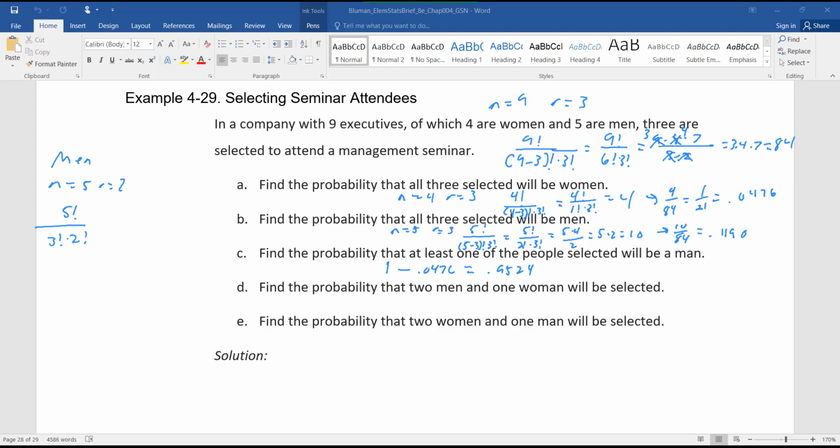Okay. That's what we're looking for, the probability. Right now we're just trying to find the total options here. Here I got 5 times 4 divided by 2. So that's 20 divided by 2. That's 10 options. All right, so men have 10.